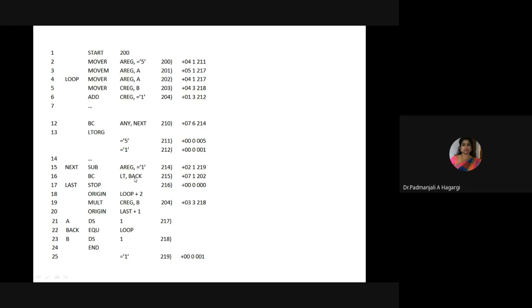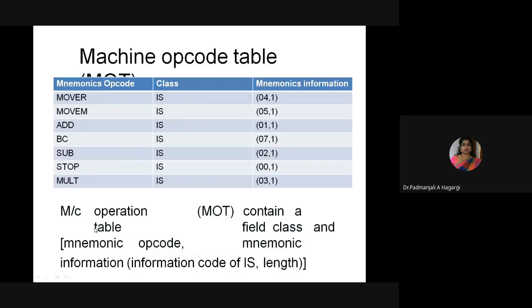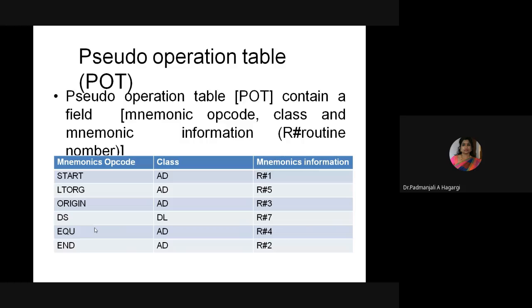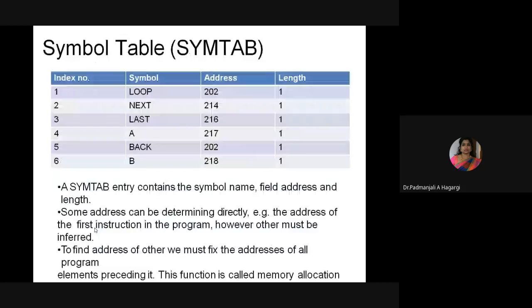These are nothing but symbols. Symbols can be in the label part and also in the operand part. Those are collected, searched, looked up, and treated in a separate table, that is the symbol table: loop, next, last, a, back, b.